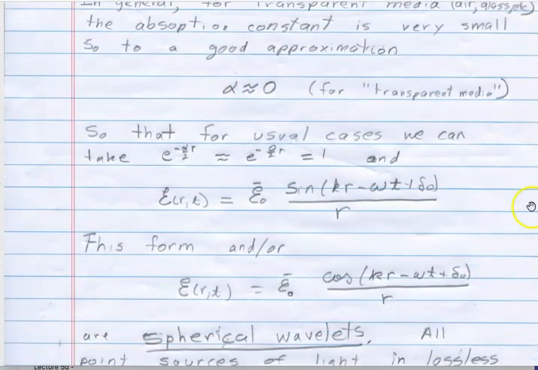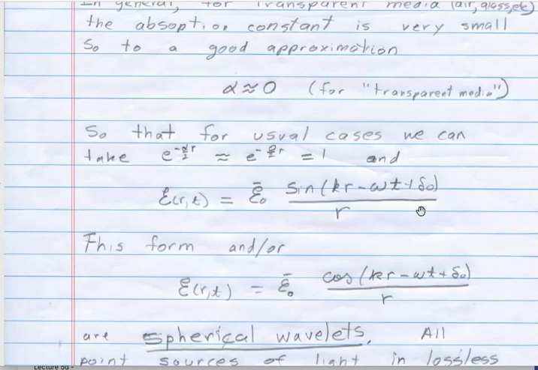And that gives us that this exponential factor in our general expression just becomes 1, and so we're reduced to this. This is really what's generally referred to as a spherical wavelet. It's undamped, so there's no loss in the medium.